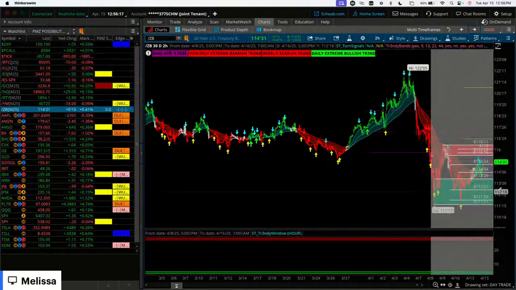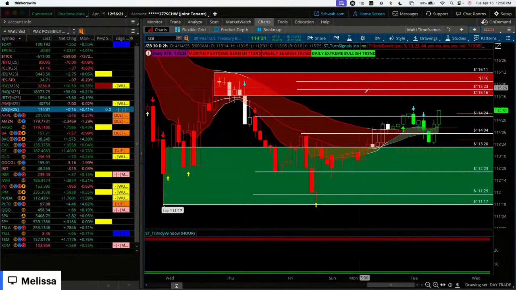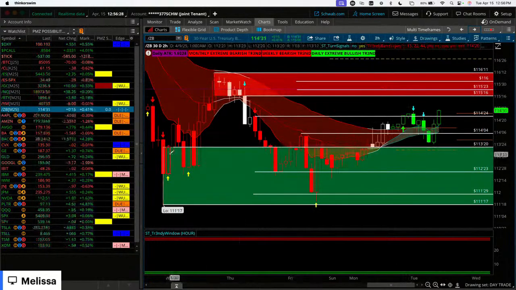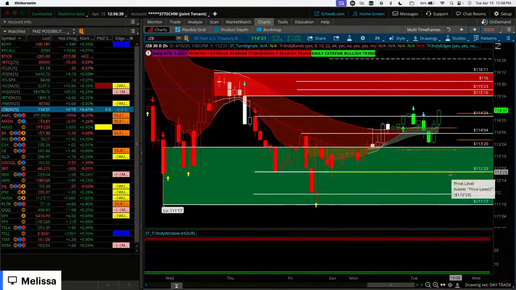The inside and down candle formation equals the red zone or the target to the upside above the PMZ. And then inside and up candle formations equal the green zone or the target to the downside for PMZ or day trades.